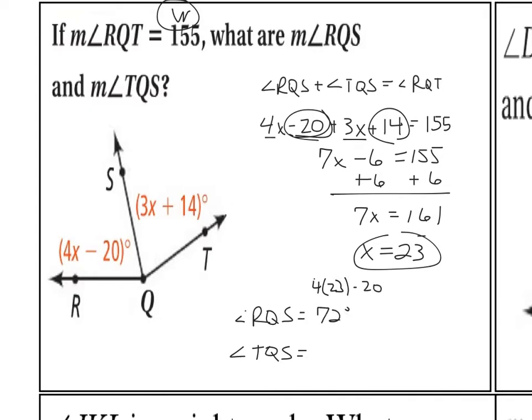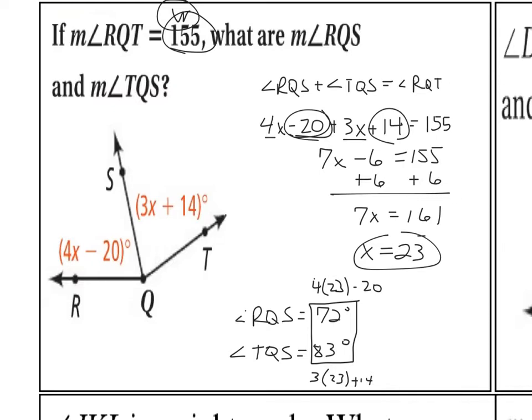I'm also going to plug it in to TQS, 3 times 23 plus 14. So 3 times 23, and if I add 14 to that, I end up with 83. Now, one way I can check to see if my answer is correct: these two angles should add up to the whole. And in this case, 83 and 72 add up to 155.